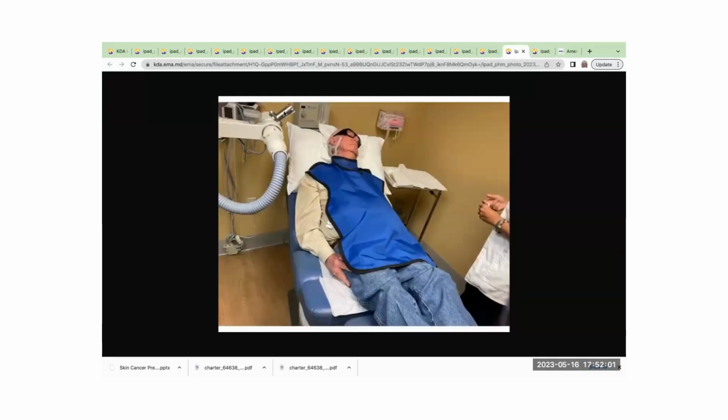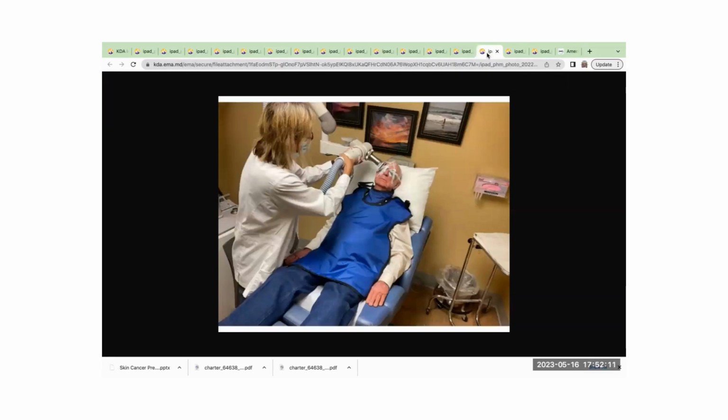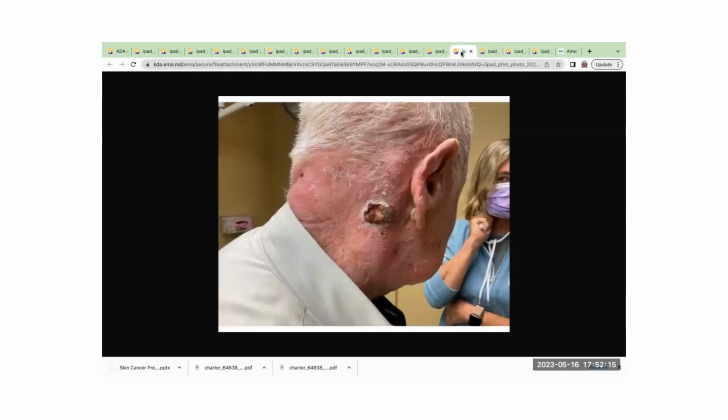This is the device here, a little lead shield, lead gown, eyeglasses, and then this small little part goes over the skin cancer itself. We leave the room for 30 seconds, come back in, he's done. So this is mid-treatment, just kind of drying up, fading away.